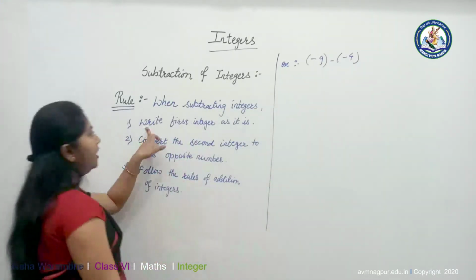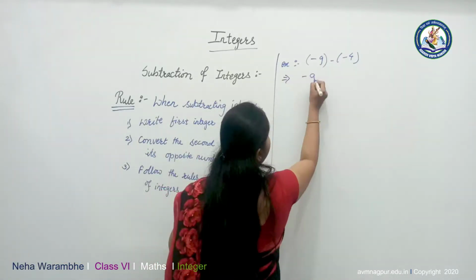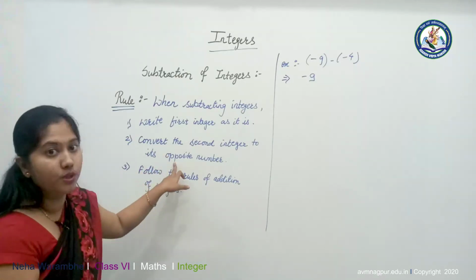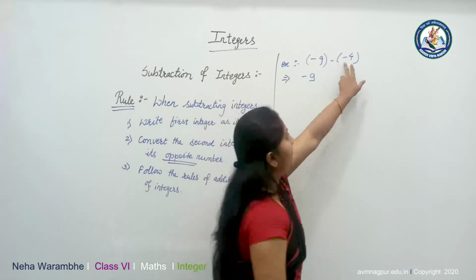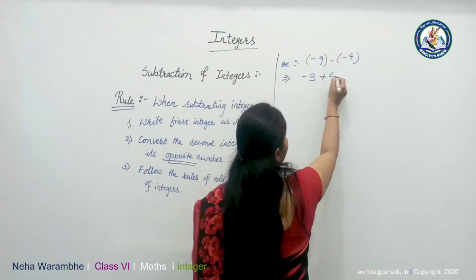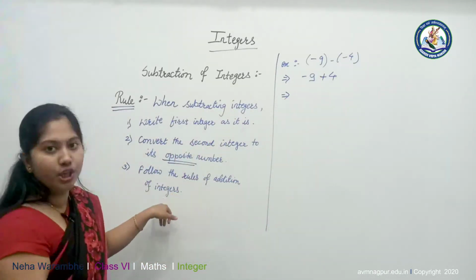The rule says write the first integer as it is, which means minus 9. Next rule, convert the second integer to its opposite number. The opposite number of minus 4 is plus 4. Now the third rule says follow the rules of addition of integers.